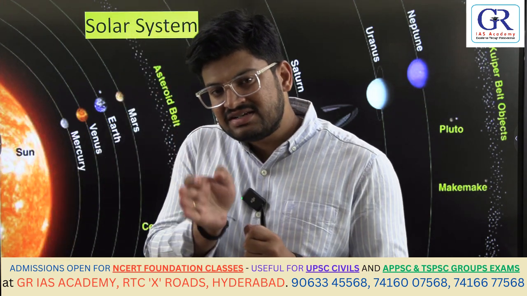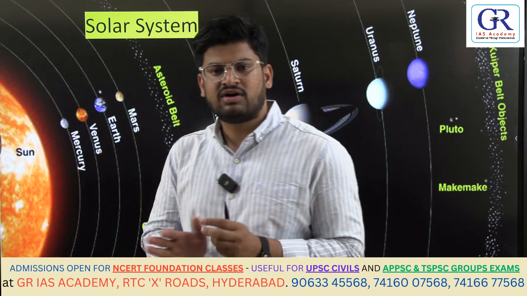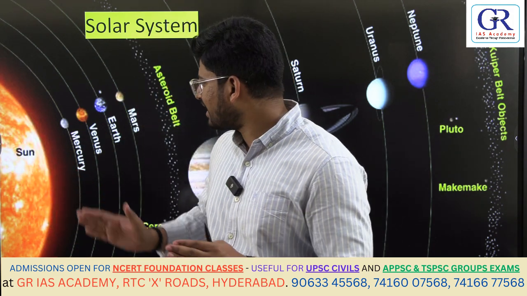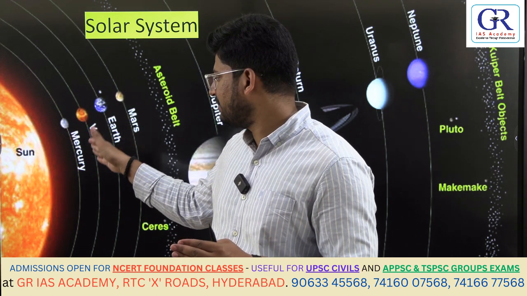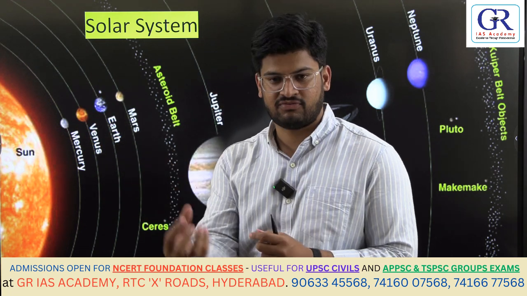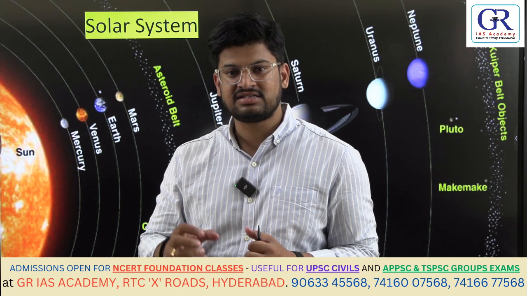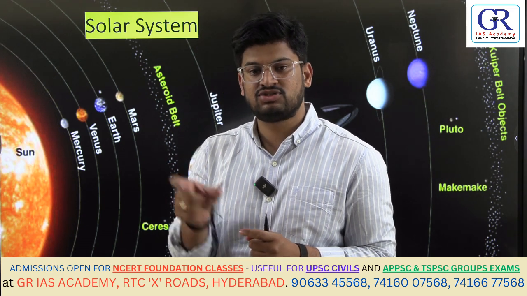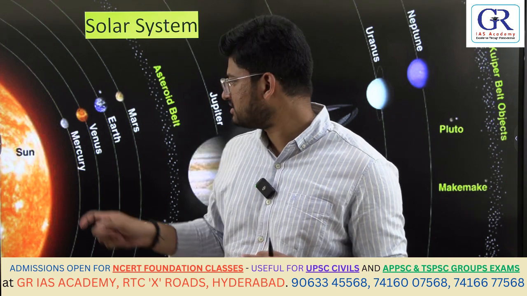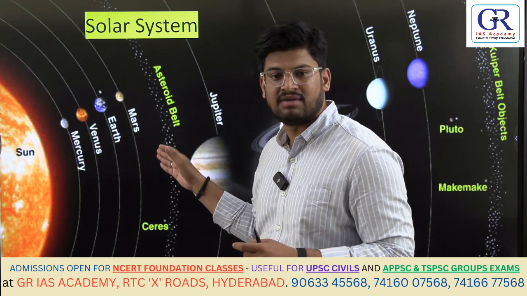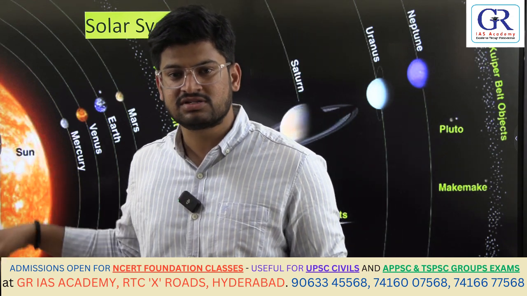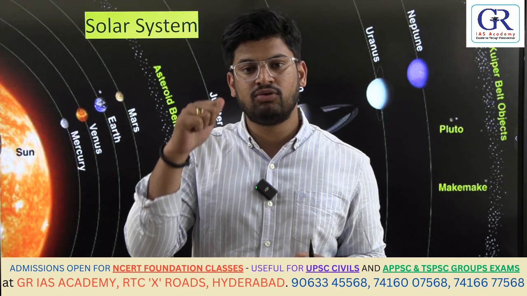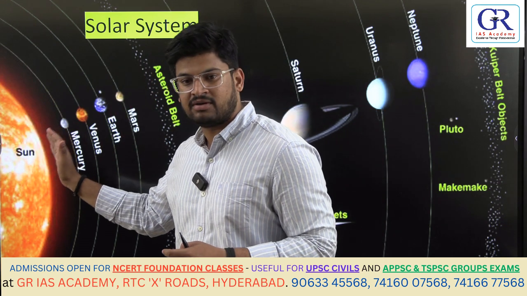The winds coming from the Sun were so intense that the gases present during the formation stage of Mercury, Venus, Earth and Mars blew off. As a result, they remained as terrestrial planets. They are rocky planets because all the gases which were present were blown off by the winds coming from the Sun.